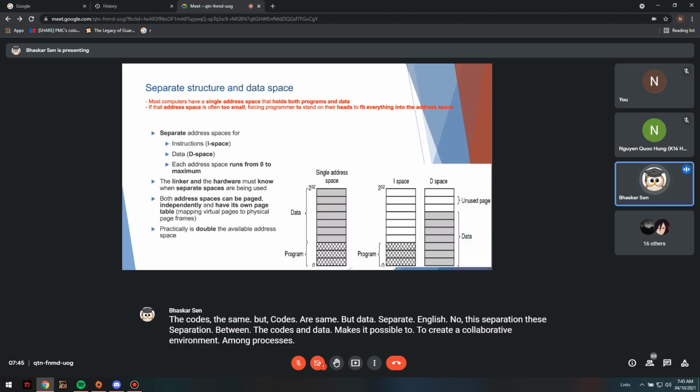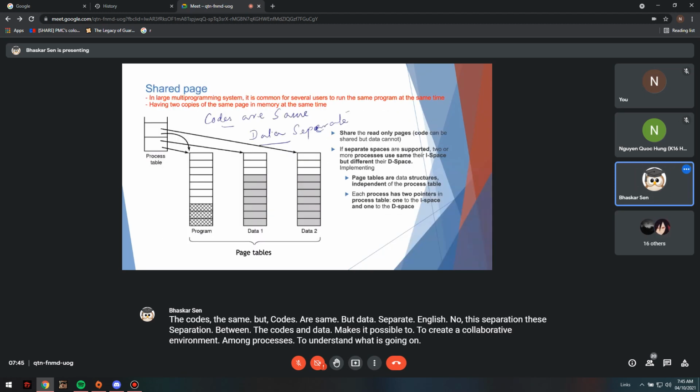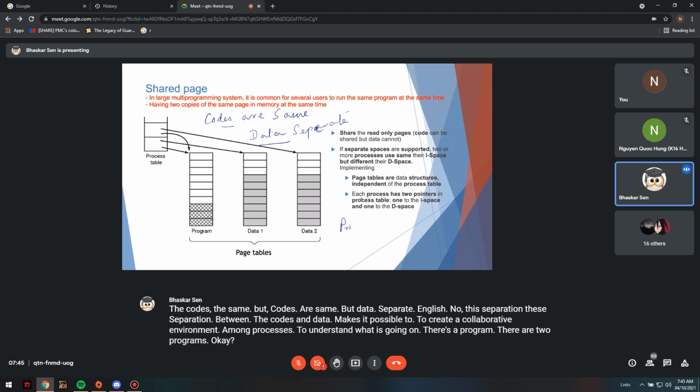To understand what is going on, there are two programs: program 1, program 2.